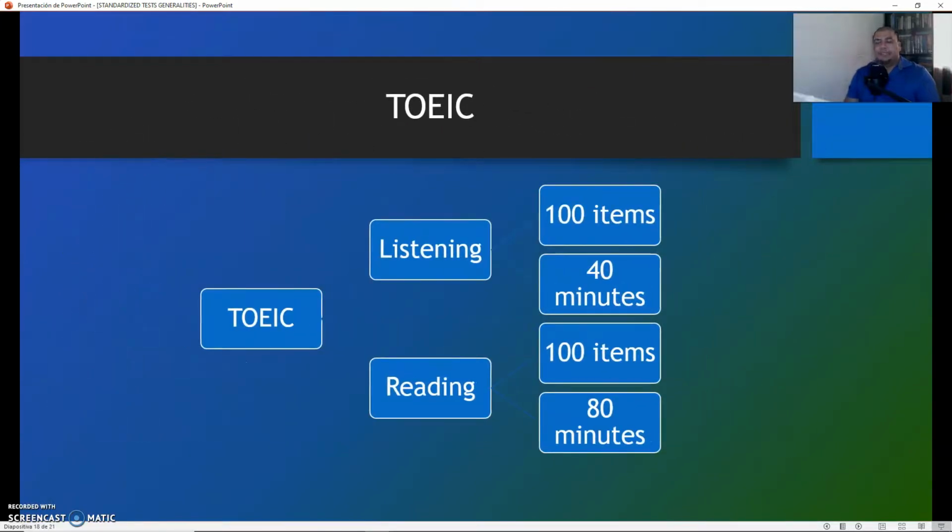The TOEIC test is divided in 2 sections, the listening and the reading section. Both sections have 100 questions of different difficulties, and the listening section lasts 40 minutes. Actually, it's like 45 minutes. Yeah, it's 45 minutes. And the reading section lasts about 80 minutes.